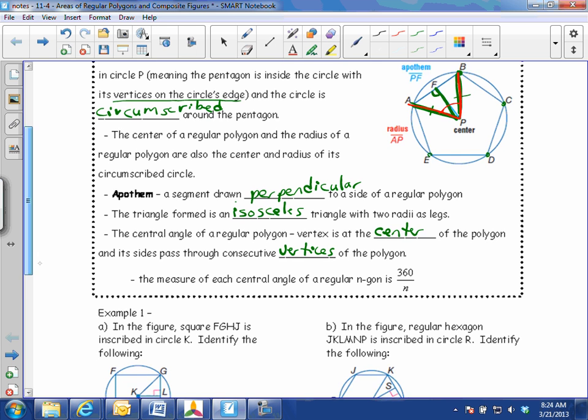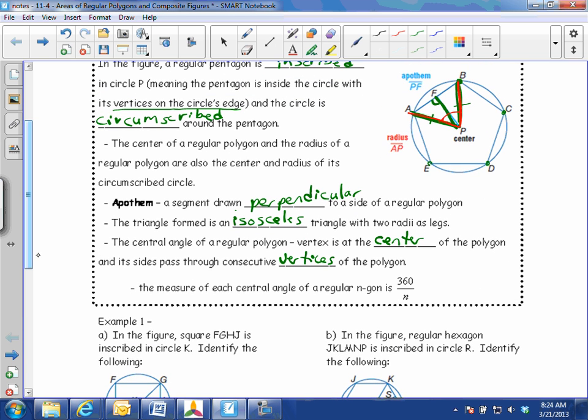To find the measure of the central angle of a regular polygon, we just take 360 and divide it by however many sides we have. That makes sense because this is a whole circle, so if I draw radii from the center to each vertex, it cuts it into 1, 2, 3, 4, 5 pieces because there are 5 vertices. So 360 divided by 5 gives you 72.